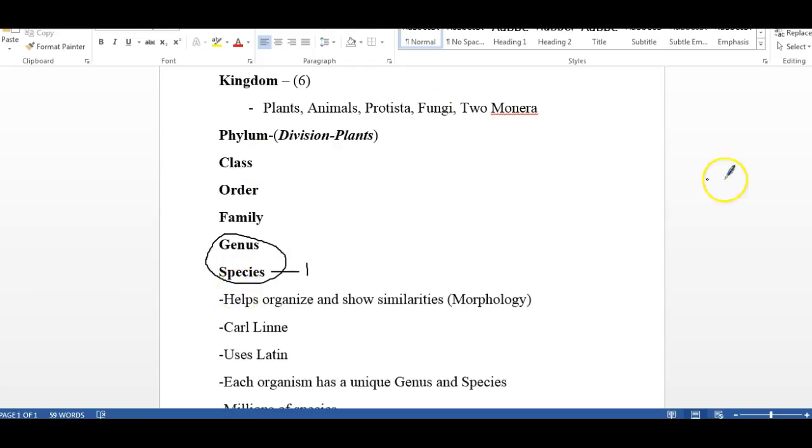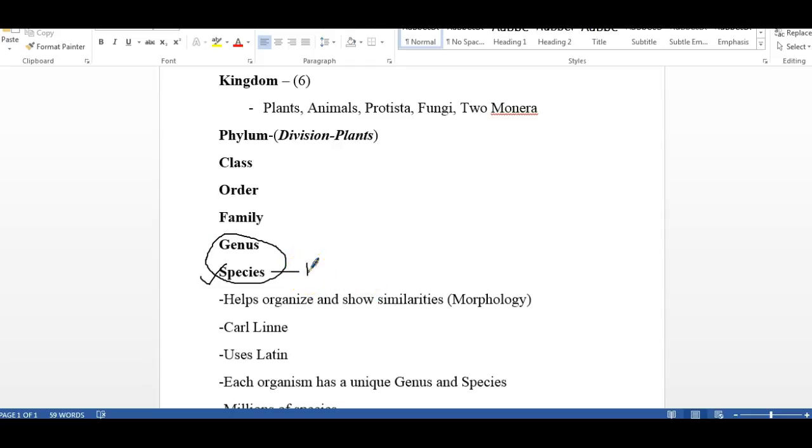Okay, we started with all living things at the beginning, and then went to domains, just 3, and there's lots of organisms in those 3, and then we get down to the end with a species, and there's lots of species, over 1 million, but there's only one thing in that.